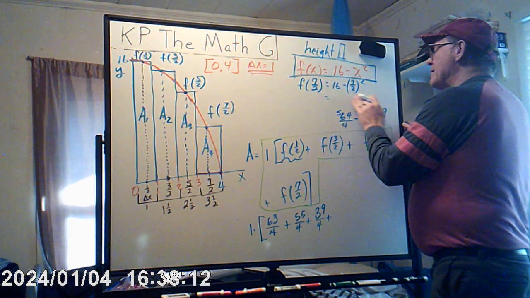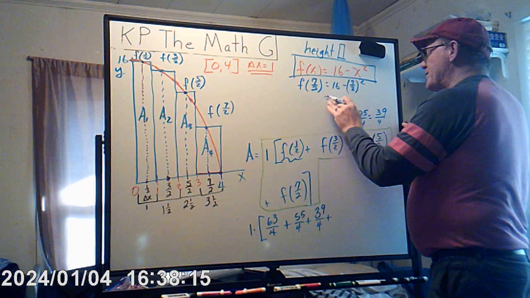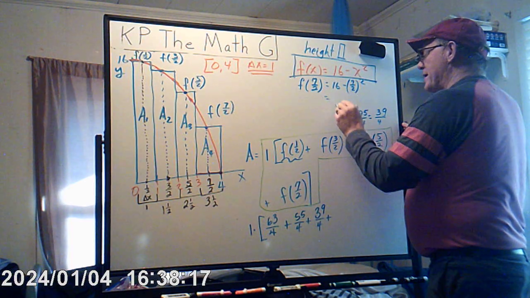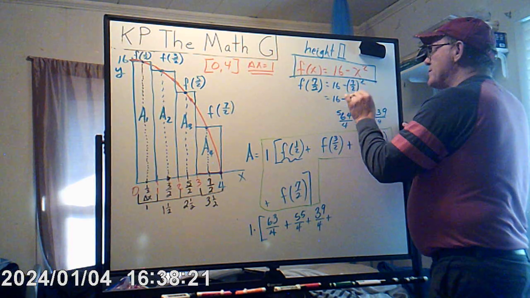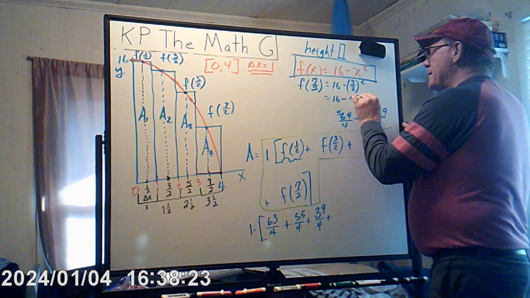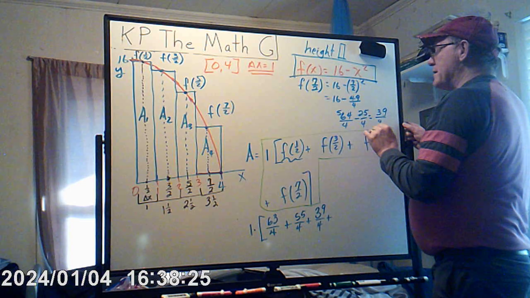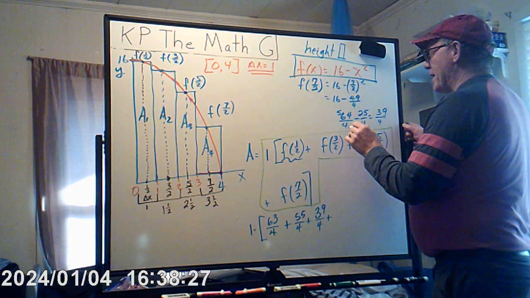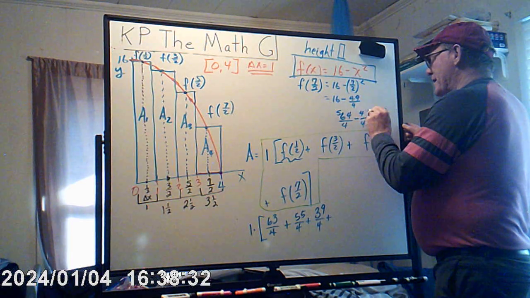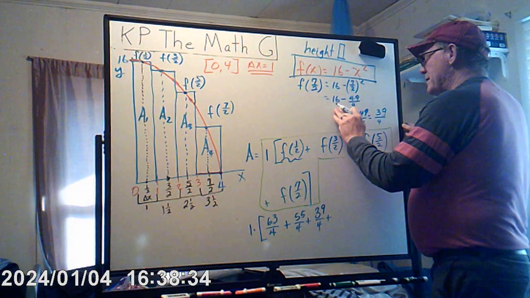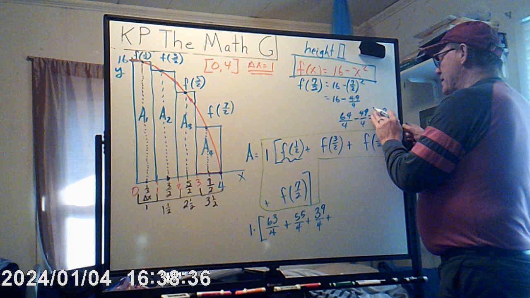We already know that 16 is 64/4. This is going to be 16 over 4, plus 7 times 7 is 49, 2 times 2 is 4. So we have 49/4 here. Alright, so let's see.